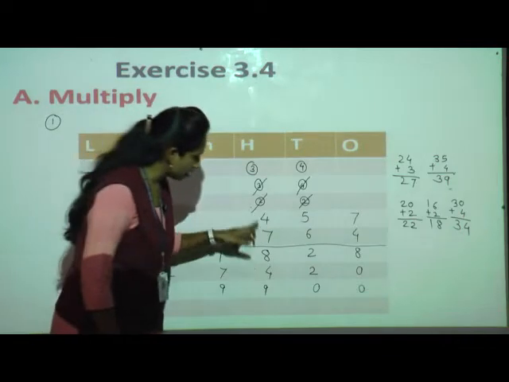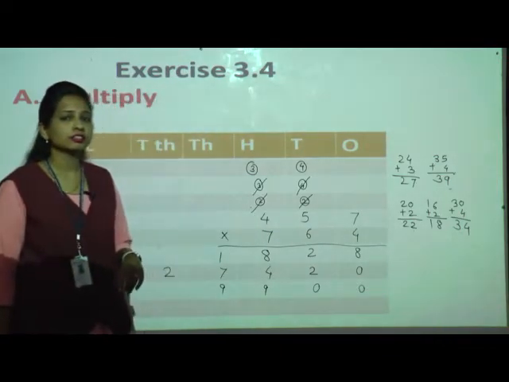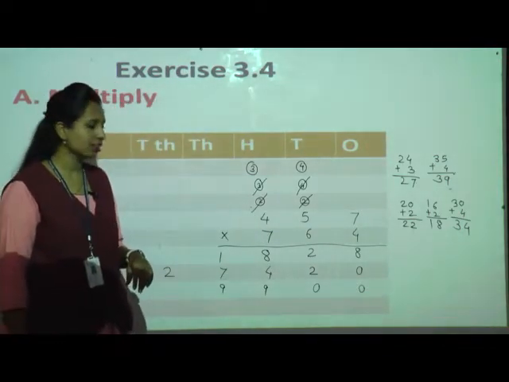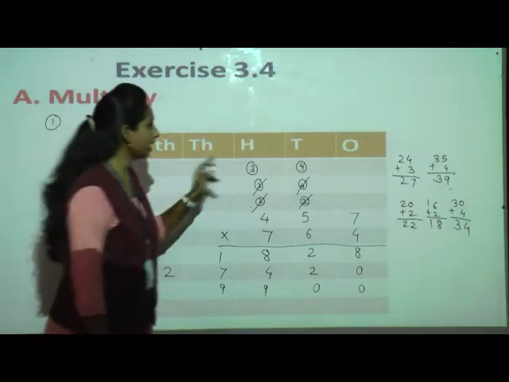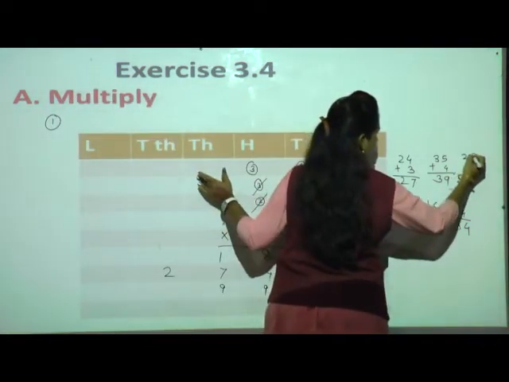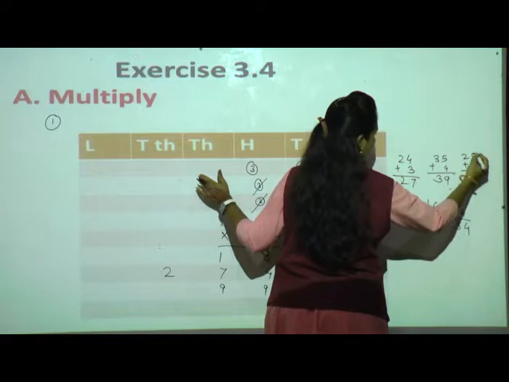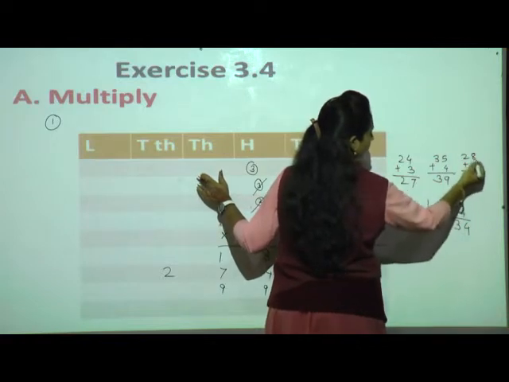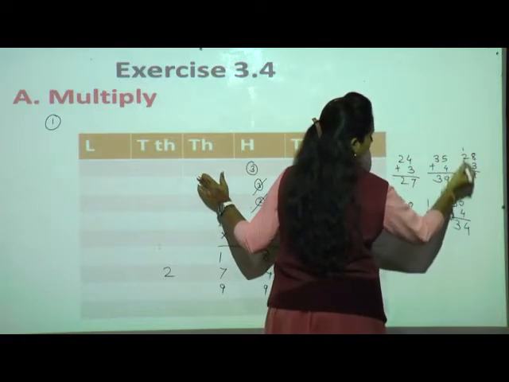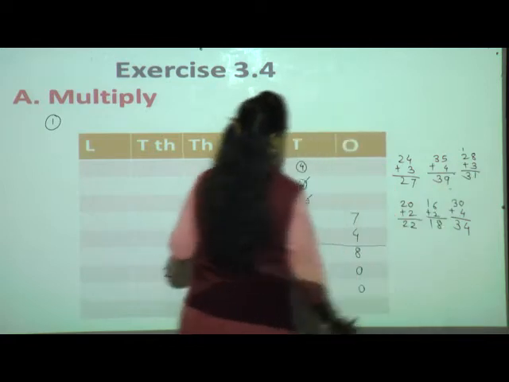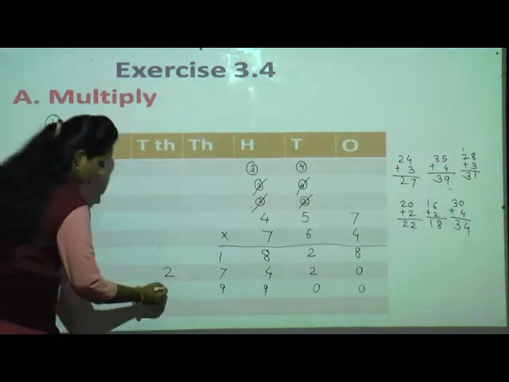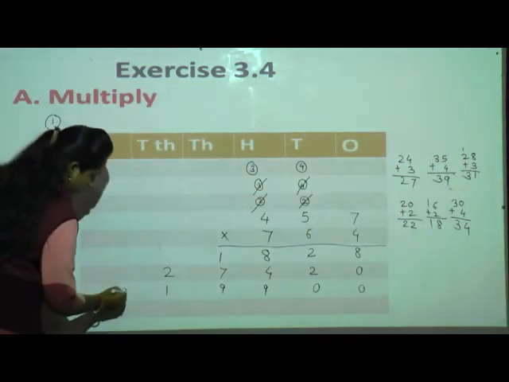Now next, 7 4s are, tell me, 28. 28 plus 3. Do the addition. 8 plus 3, 11. Carry 1. 2 plus 1, 3. 31. Now here I will write 1. Here I will write 3.